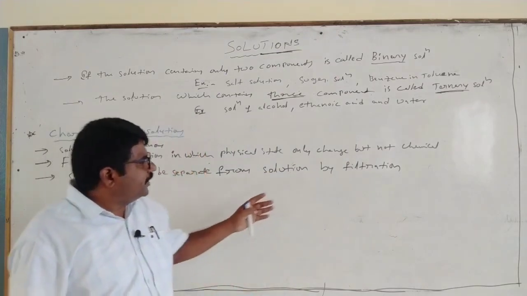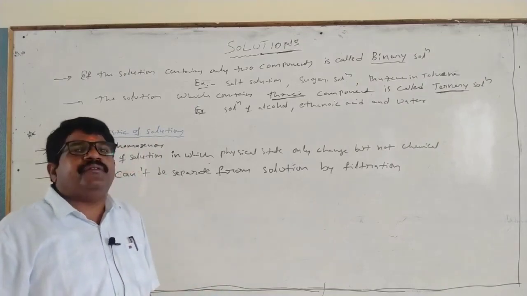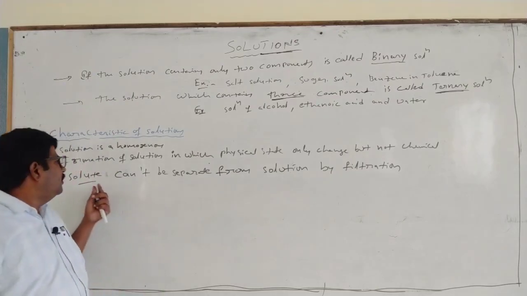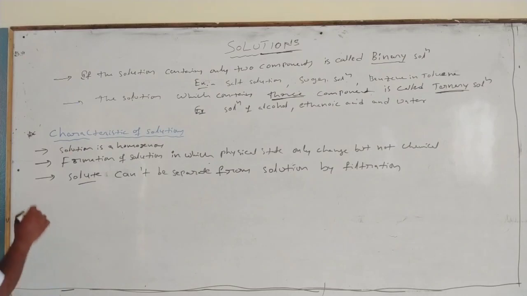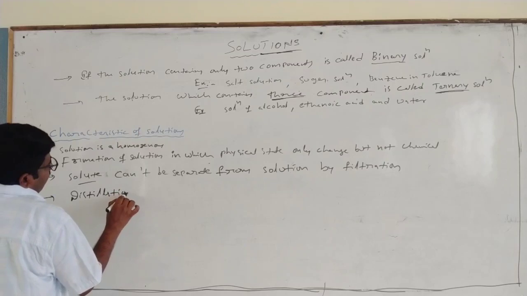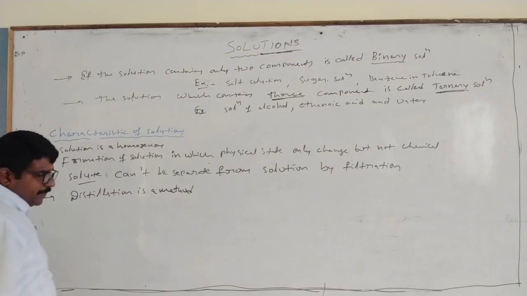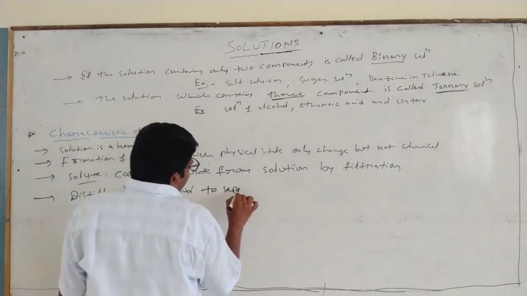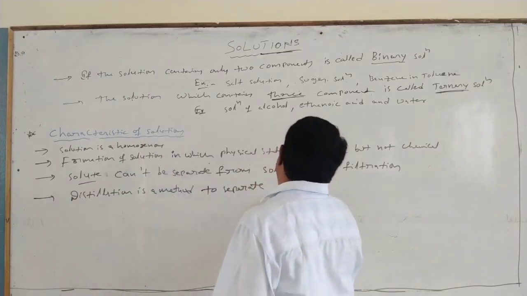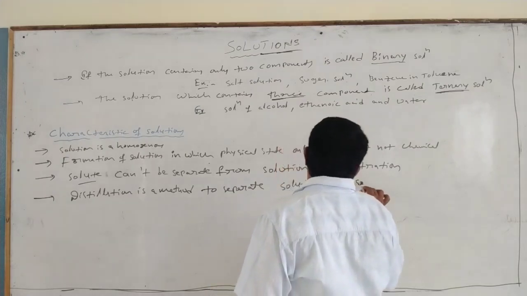Now your doubt is, filtration is not a suitable method for separation of solute from solution, but which method is suitable? The distillation method is suitable for separation of the solute. Distillation is a method to separate solute from solution.